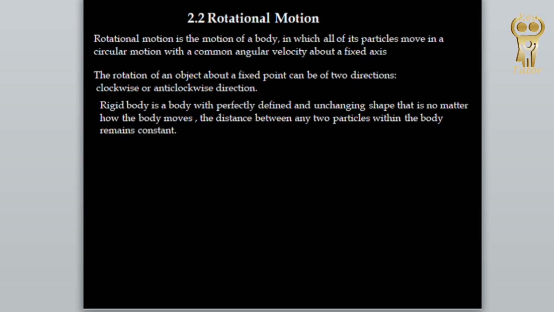Okay, today we just deal about the other examples of motion in two dimension, that is rotational motion. Under this term we try to state what does mean rotational motion.